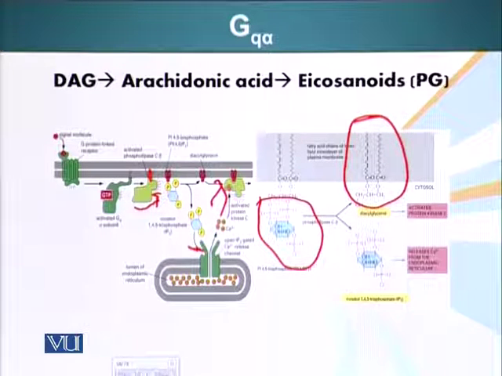The other part of this story is that diacylglycerol is also a molecule that can be used for production of arachidonic acid, which ultimately is converted into molecules that are produced in response to inflammation and cause inflammation. One of the enzymes in this is cyclooxygenase.